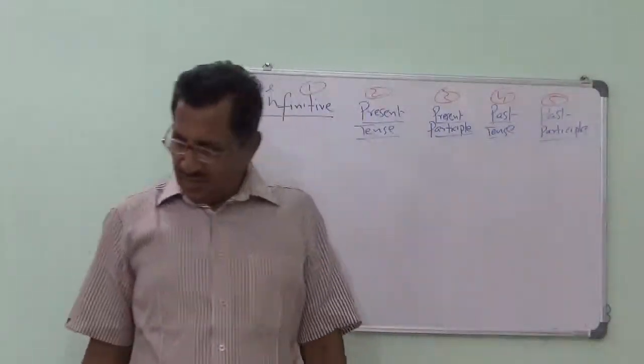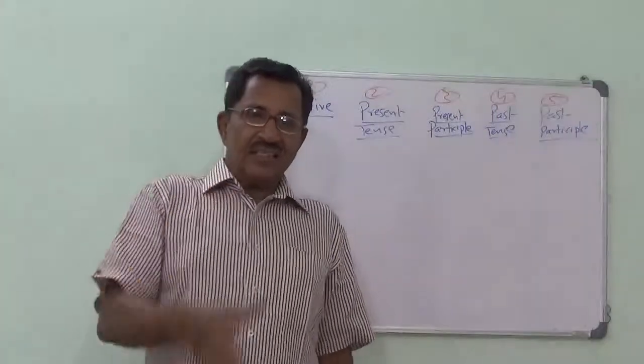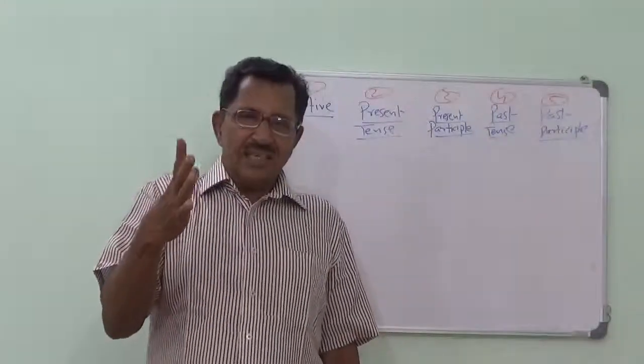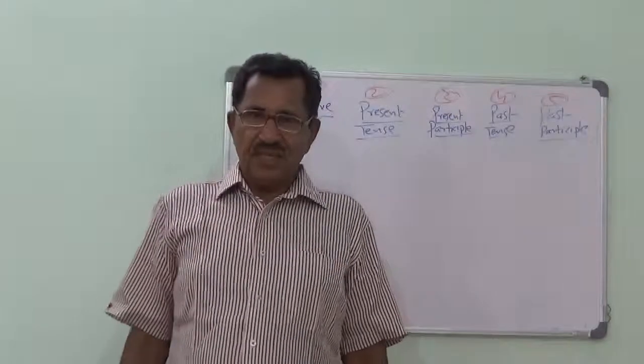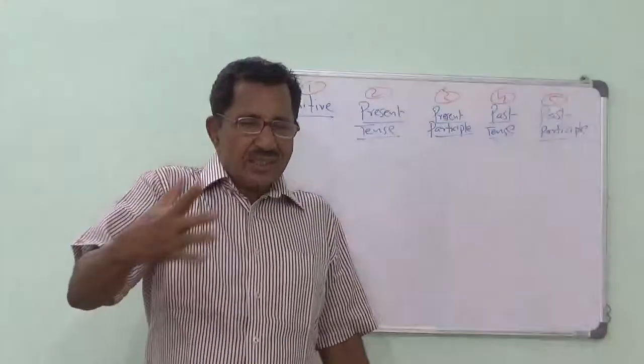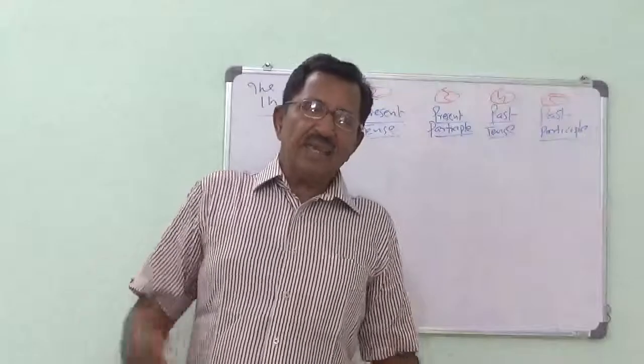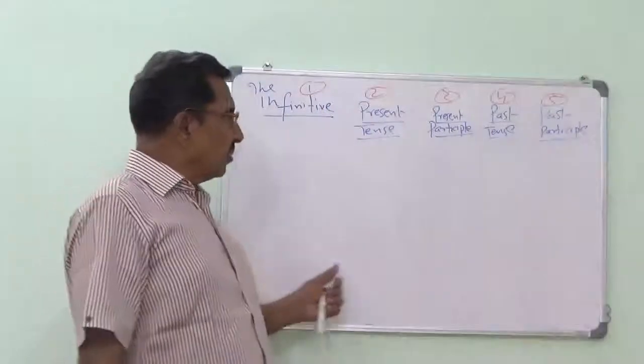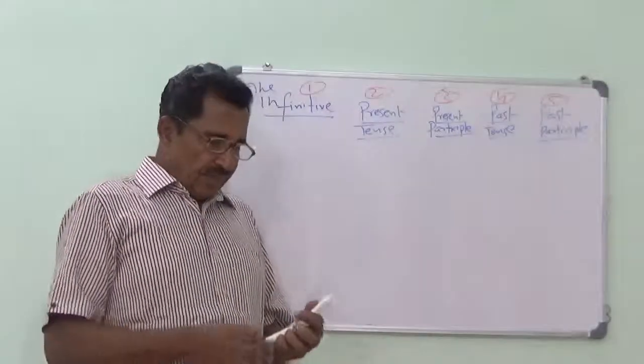So English has got the simplest verbal system that anybody can master. Any main verb has got five forms like this.